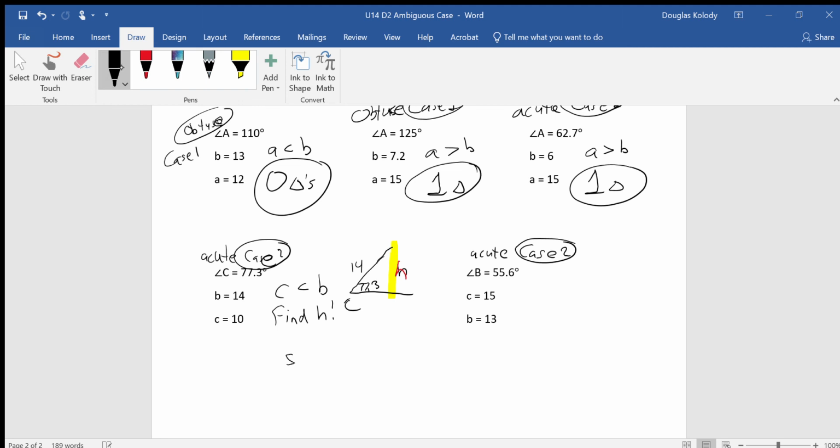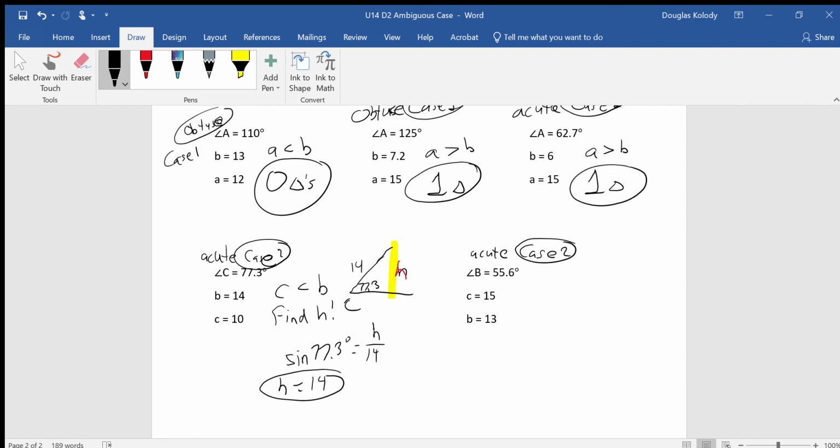The sine of 77.3 degrees equals opposite side, which is H, over 14. And so multiply by 14, and H equals 14. Should have done that in red, sorry.